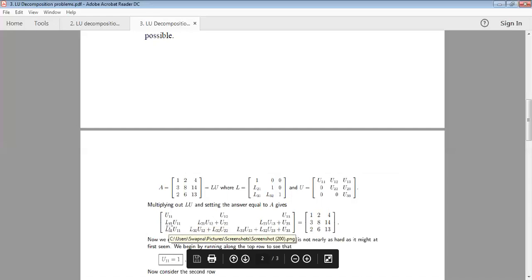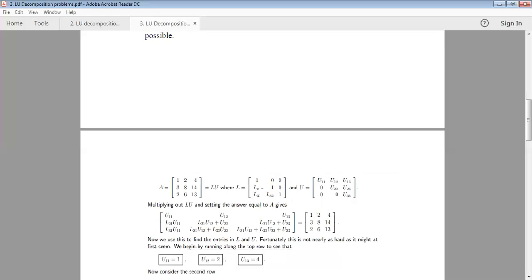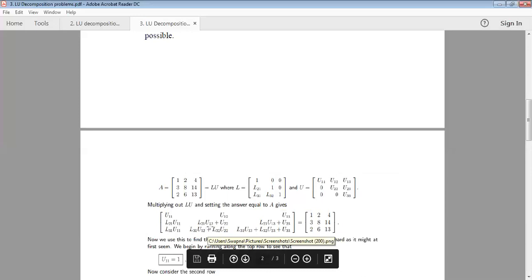Second row and first column: L21 into U11. Second row and second column: L21 into U12 plus 1 into U22, so L21 U12 plus U22. Next, second row and third column: L21 U13 plus U23.